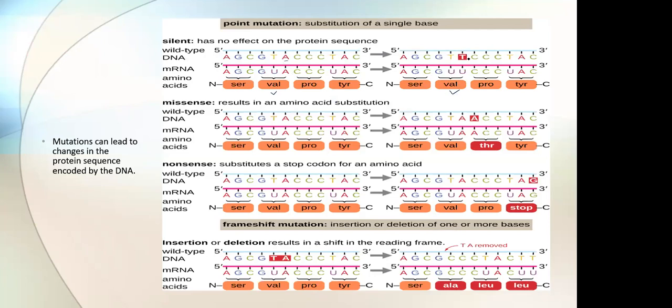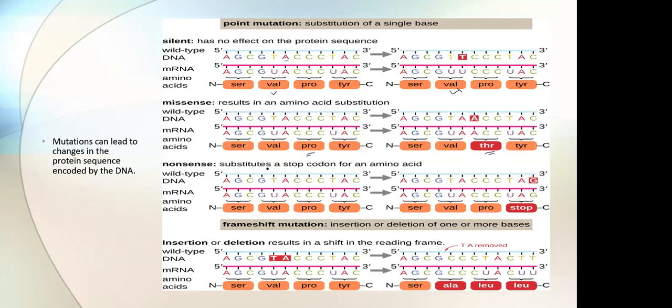So there is a mutation, but it does not have any effect because the same protein is going to be produced. That's called silent. Missense results in an amino acid substitution. Over here, instead of proline, it made threonine. So it has a bad effect.